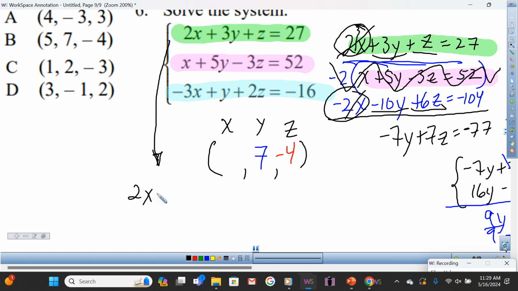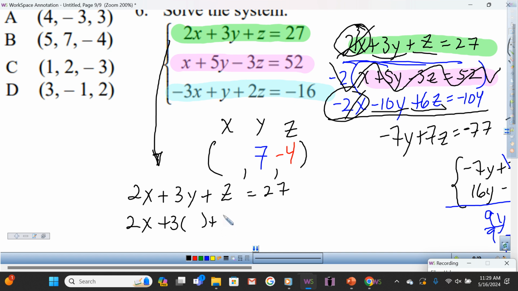We got 2x plus 3y plus z equals 27. I'm going to bring down the 2x plus 3, open parentheses for y, and open parentheses for z, 27. Z is negative 4. Y is 7.